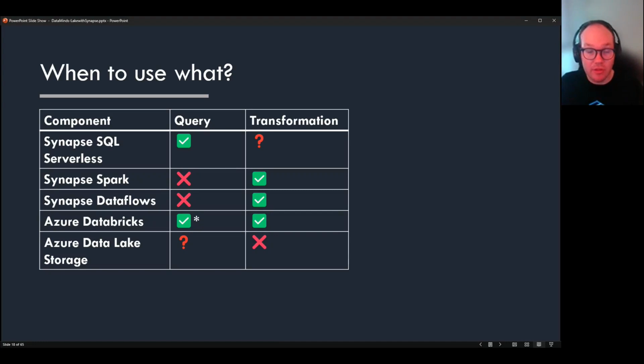So you can go down this Lakehouse architecture completely on Databricks if you want to, as opposed to leveraging the Synapse components. I see customers do that, but that's not the point of this talk. It probably doesn't really fit into this architecture where we're looking at the Lakehouse with Synapse.